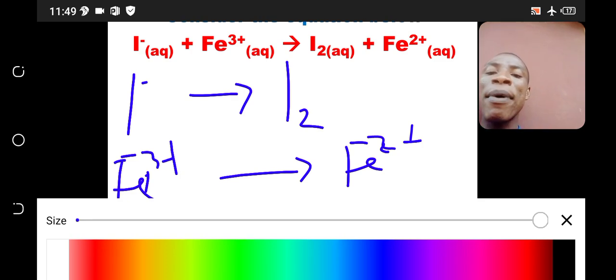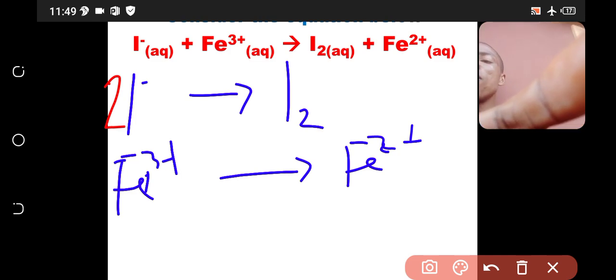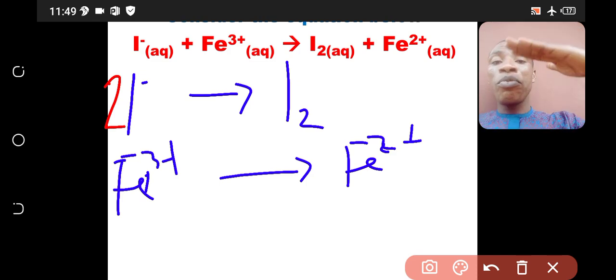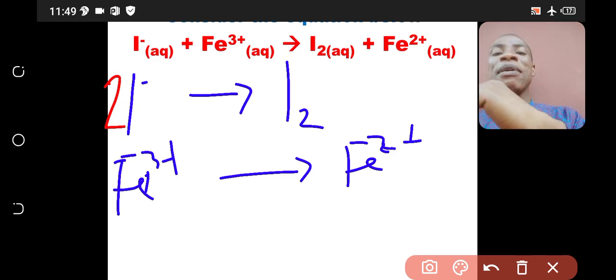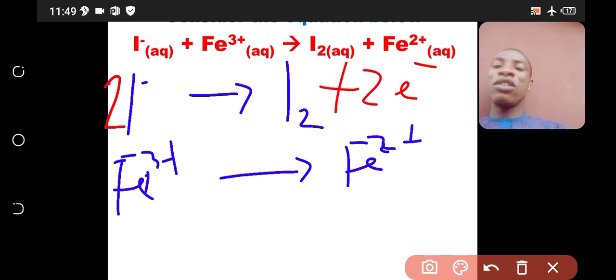I balance the atoms first, so I put 2 here to make the atoms balanced. Then the charges: this one is -2, because it's 2 times -1, and this side has 0 charge. So you bring the 0 charge down to the -2 level by adding 2 electrons. So this first one is balanced.